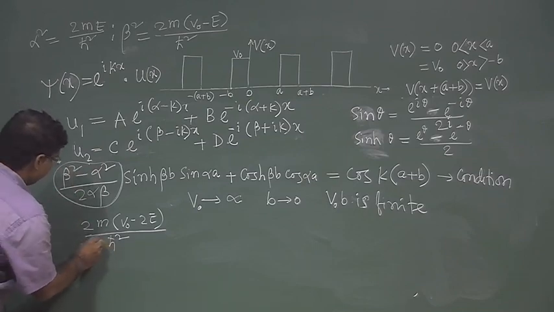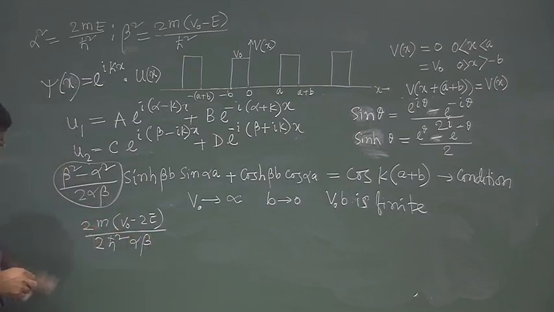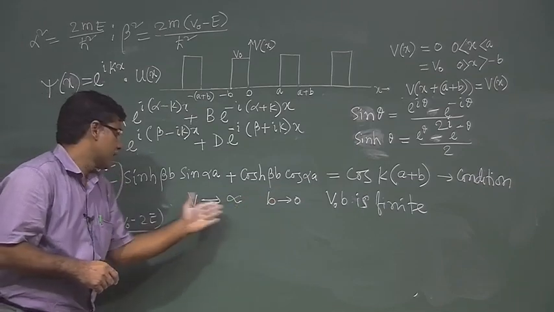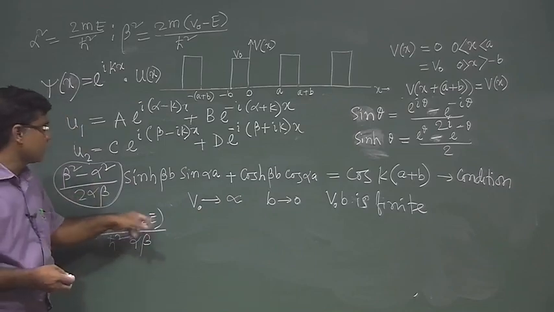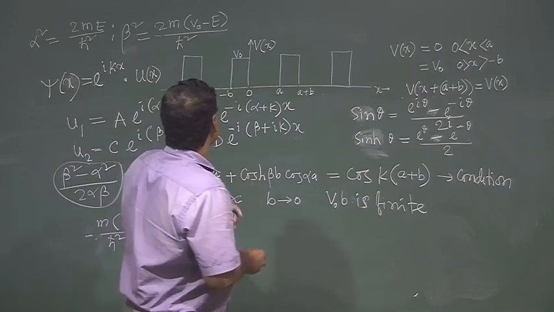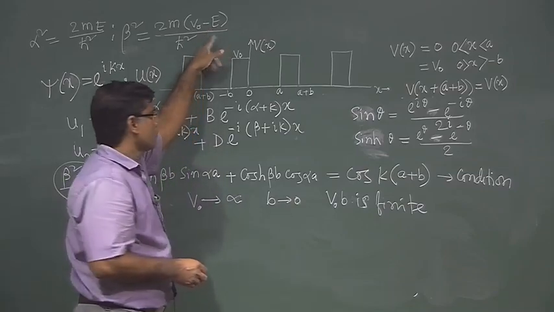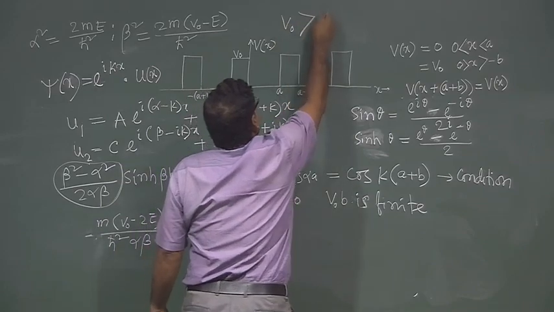And then we have 2 alpha and beta. So, basically these 2 we can remove, and if we consider this condition, v tends to infinity, means v is very high compared to e. And one thing I did not mention earlier, here I wrote v0 minus e, because we consider that v0 is greater than e.